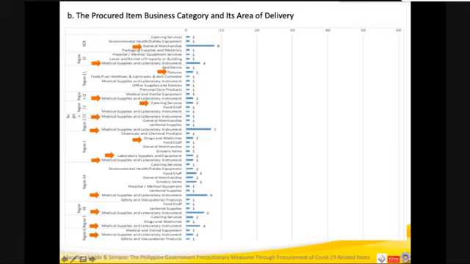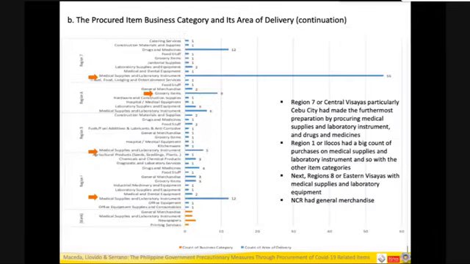And as per checking, the fixtures includes the Venetian blinds for the quarantine area or facility. The Region 12 is more on medical supplies and lab. The Region 13 is on catering services because they actually give some food to the frontliners and also during the conduct of their trainings. Then Region 15 and the other regions mostly are on medical supplies and laboratory instrument.